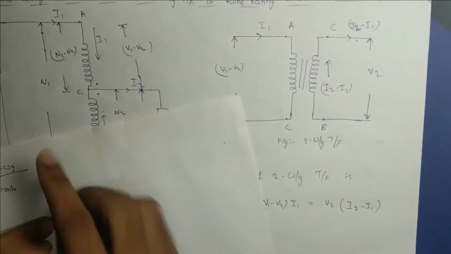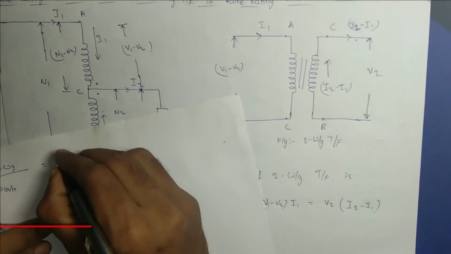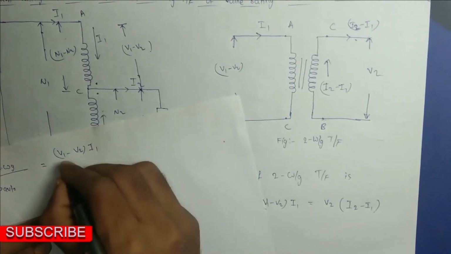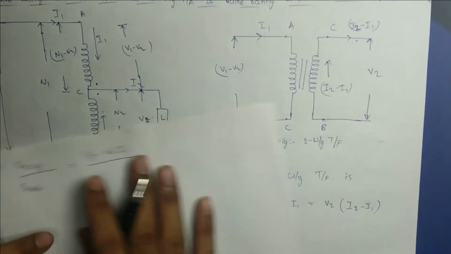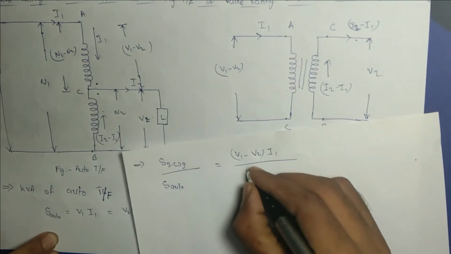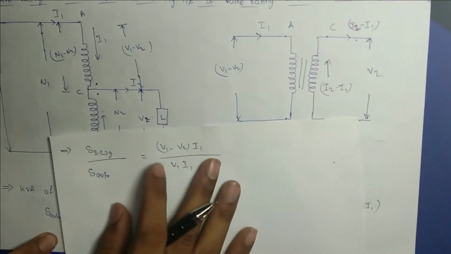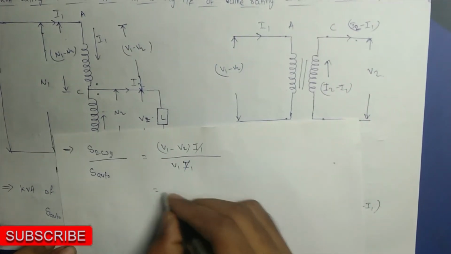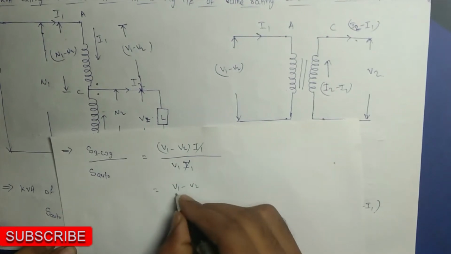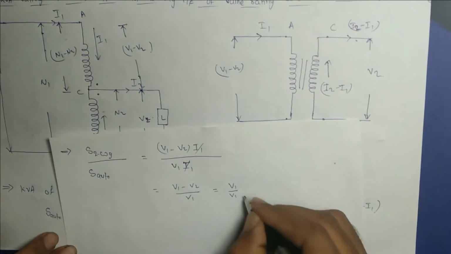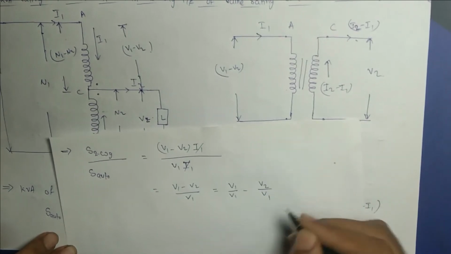Then in two winding transformer, primary side kVA is V1 minus V2 into I1, by auto transformer V1 I1. Here I1 gets cancelled, then V1 minus V2 by V1, then separate V1 by V1, V2 by V1.